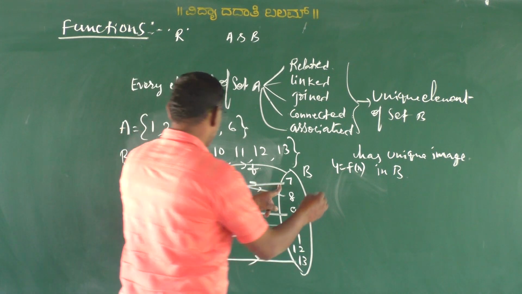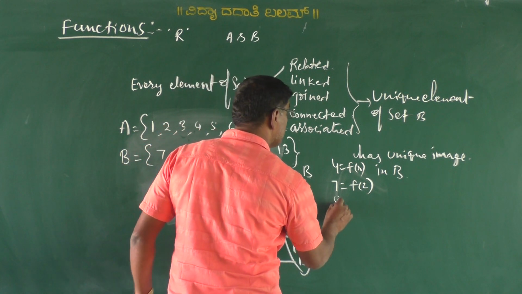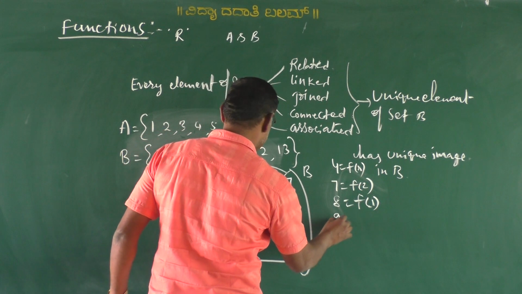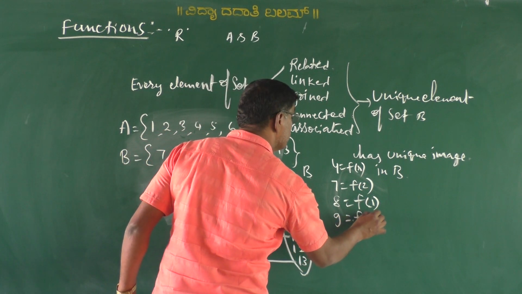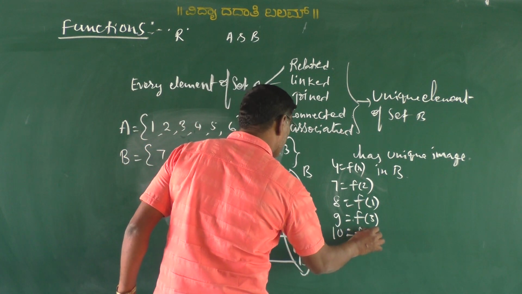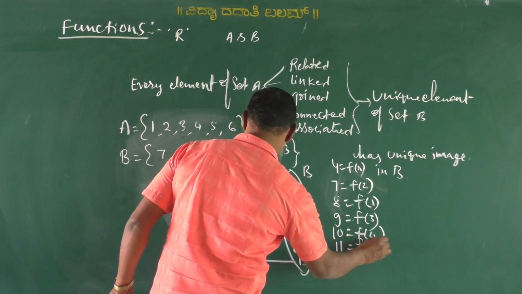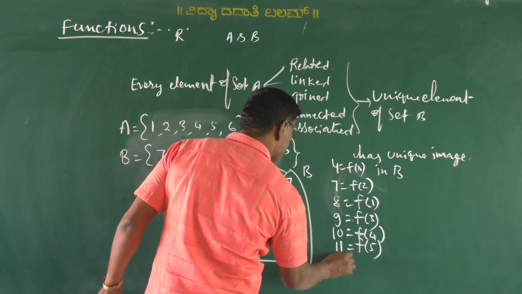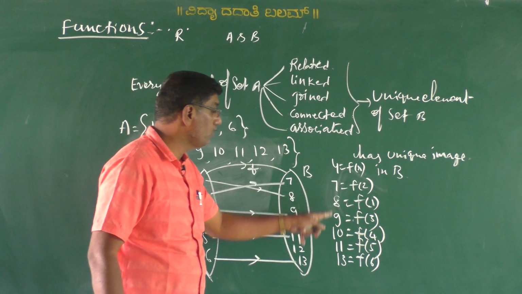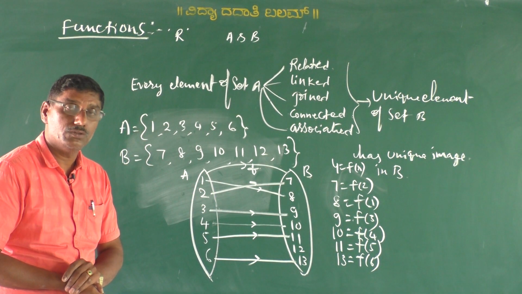Yes, that means 7 can be written as f of 2, 8 can be written as f of 1, 9 can be written as f of 3, 10 can be written as f of 4, 11 can be written as f of 5, 13 can be written as f of 6. That is y is equal to f of x. Are you understood, all of you?